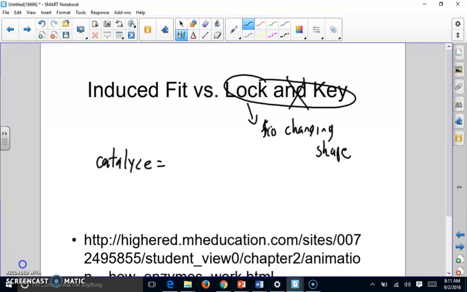Catalyze is a word for speed up. Enzymes catalyze reactions. They use that word a lot. So the enzyme slightly changes shape to better fit the substrate, catalyzes the reaction, and then goes back to its original shape. Unlike the lock and key, where the enzyme always stays the same, in induced fit, the enzyme slightly changes shape.